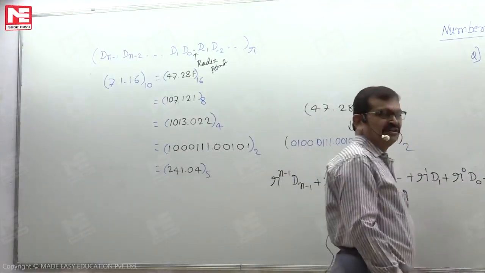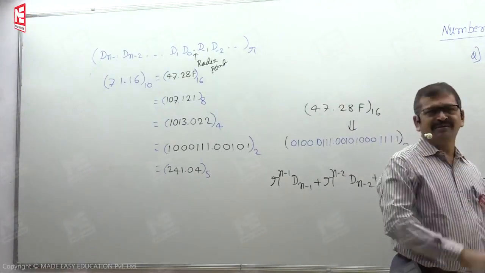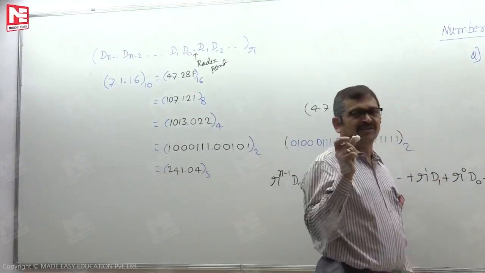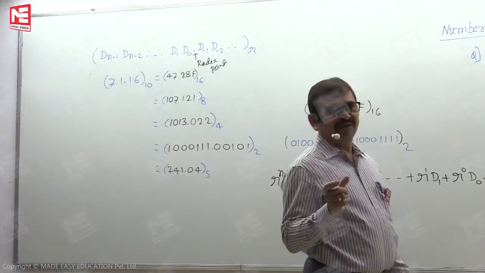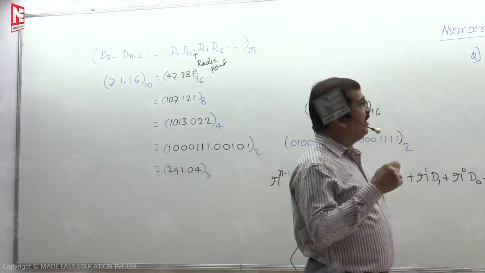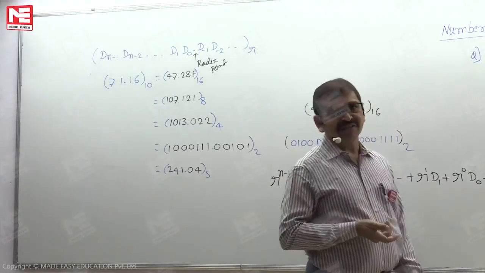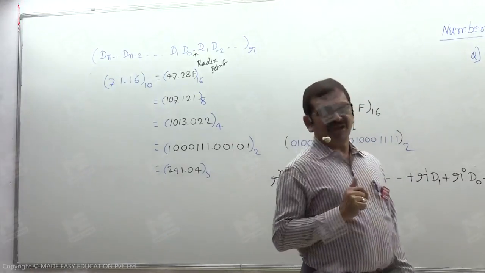Of course, for a small number, it may not be worth discussing. But when the given decimal number is a very large number, definitely the best thing is converting the given decimal number to hexadecimal form, and later converting that hexadecimal to binary. It's better. So this is a suggestion I want to give.